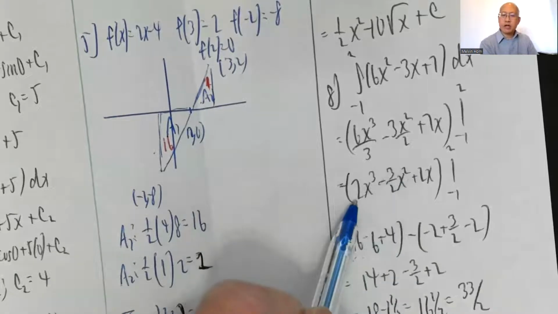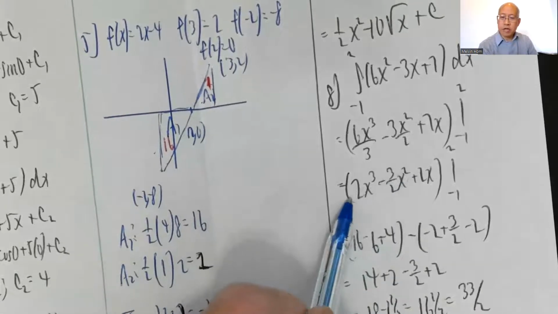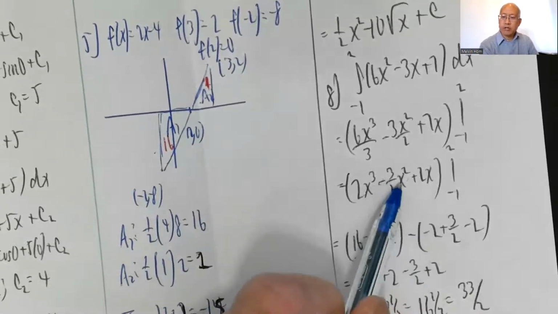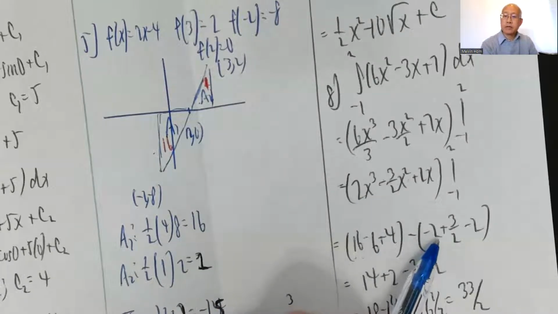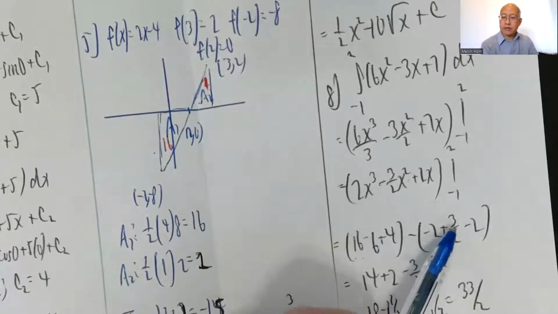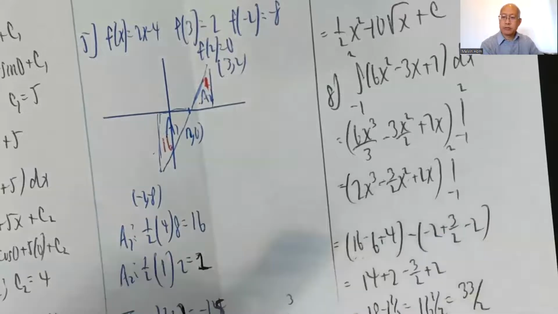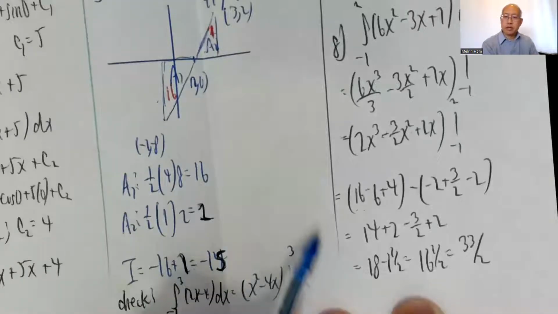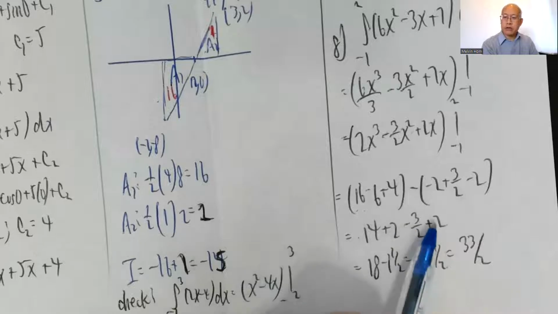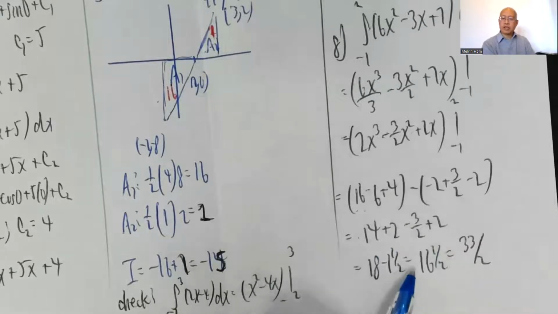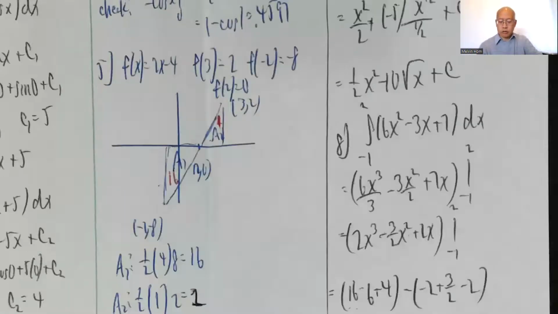Minus plug in negative 1: negative 1 cubed is negative 1 times 2 is negative 2, negative 1 squared is 1 times negative 3/2, negative 3/2, and then negative 2. So that gives me 14, and then I distribute here: plus 2 minus 3/2 plus 2. Work it out, you get 16.5 or 33 over 2.